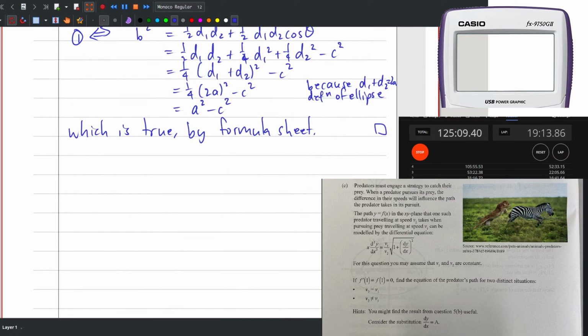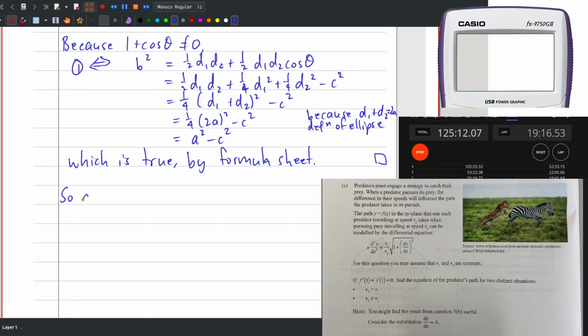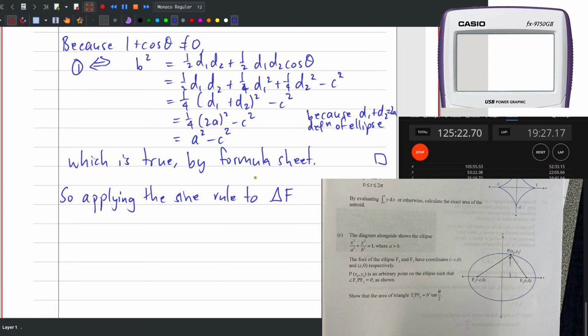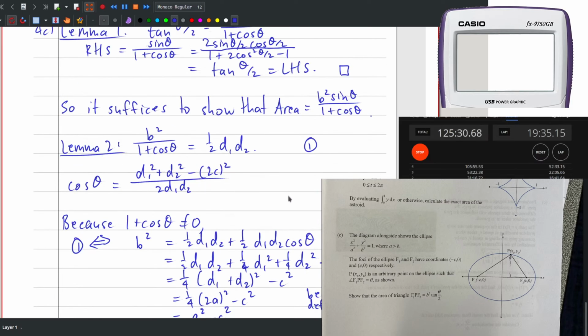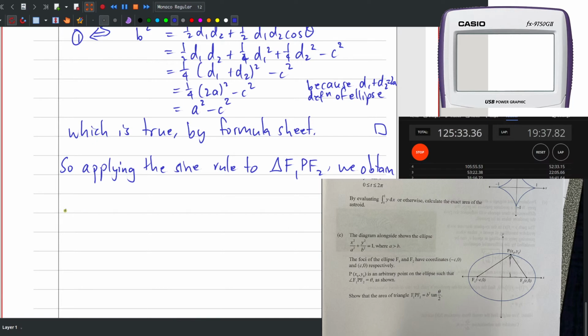And then applying the sine rule to triangle F1 P F2, we obtain area of F1 P F2 is equal to a half d1 d2 sine theta, right?